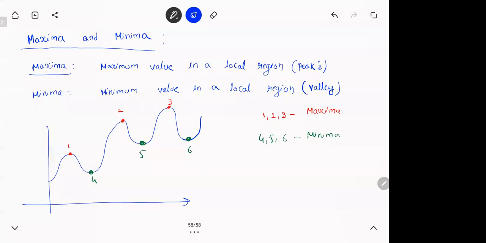Now, did you observe one thing? If you see certain points, maxima doesn't mean it is always maximum. The value of a minima can be greater than the value of a maxima. I didn't say maximum and minimum.